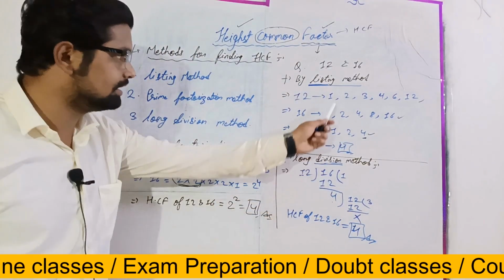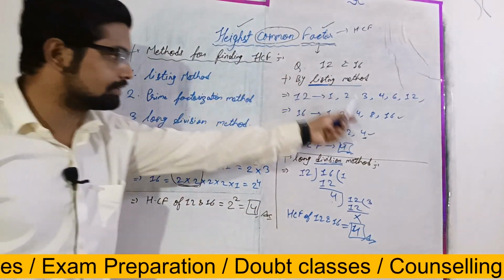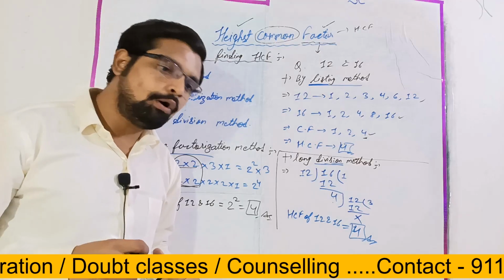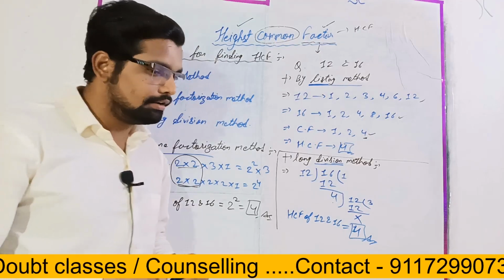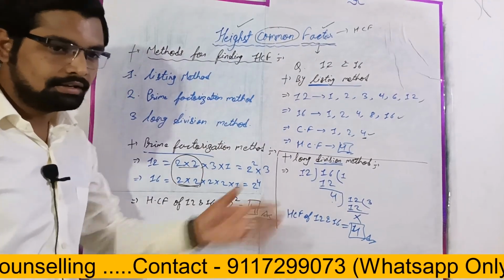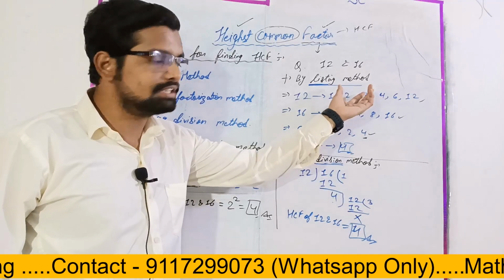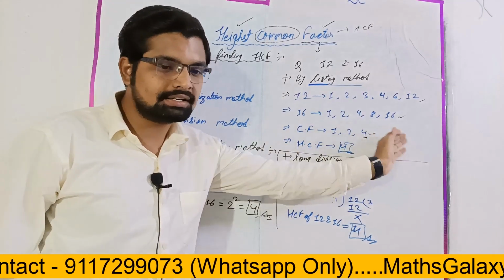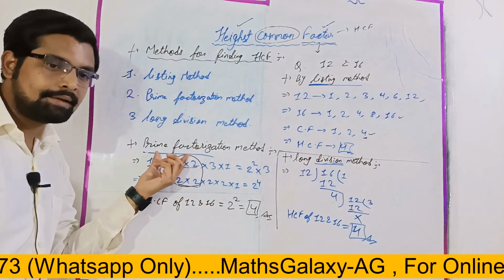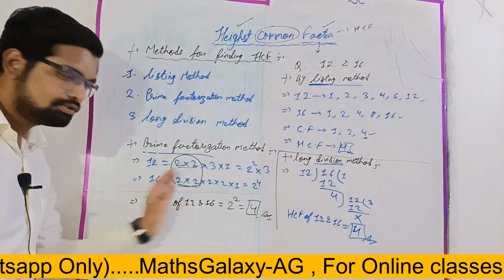As you can see, with all three methods we get the same answer, right? And in all three, what we have to do is already hidden in the name. Here it is written listing, it means we have to make a list. Here it is written prime factorization, it means we just prime factorize.